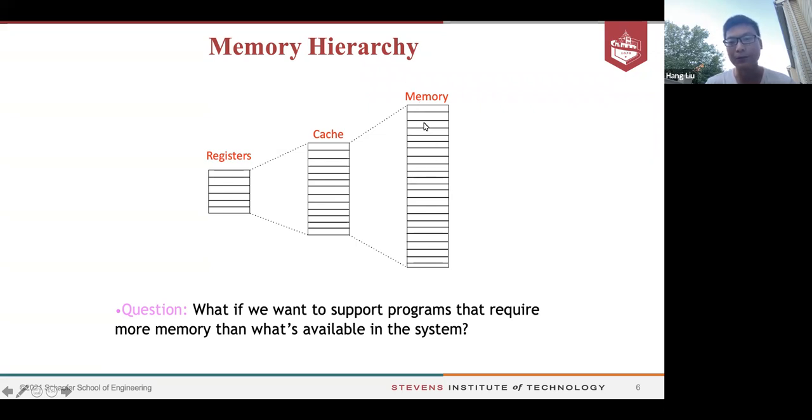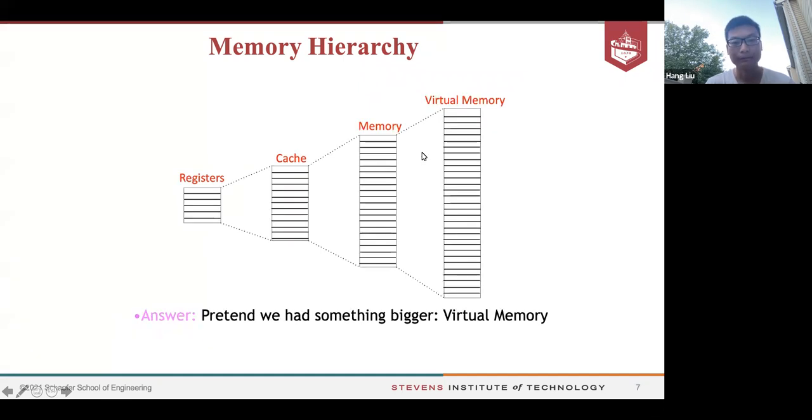For example, we have 4 GB and our program requires 8 GB. We introduce virtual memory. Virtual memory gives you the illusion that we have an infinite amount of memory by swapping the unused memory out and always keeping the used memory in.